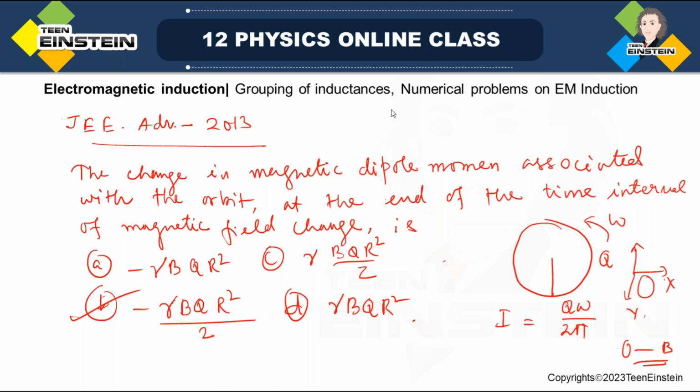In the next chapters we will be learning alternating current, LR, LCR, CR, LC combinations, and transient phenomena in charging a capacitor or an inductor, how current grows and dies out. Those things we'll be learning in the next class.